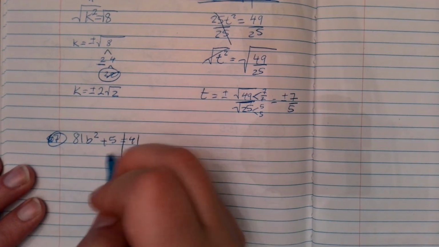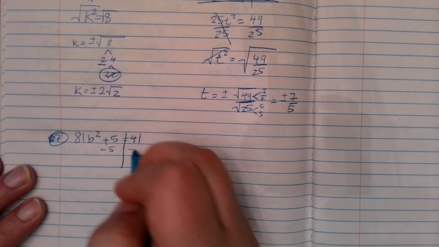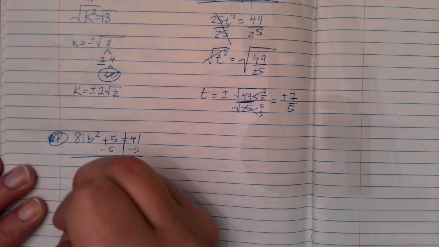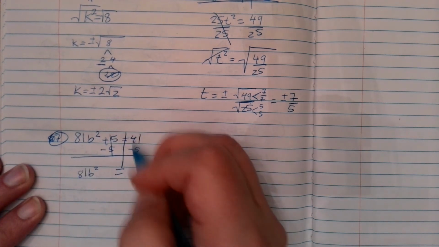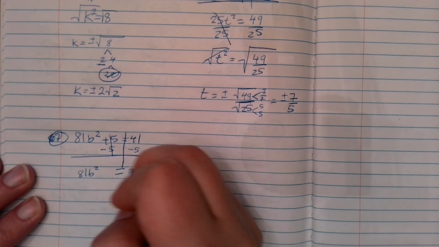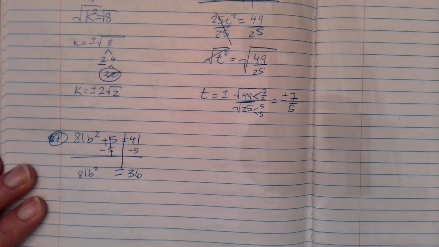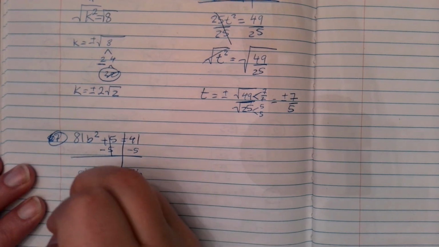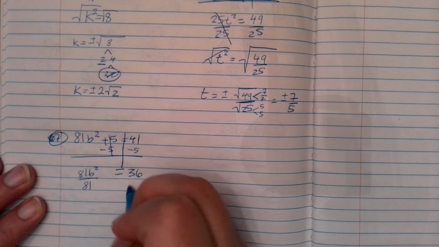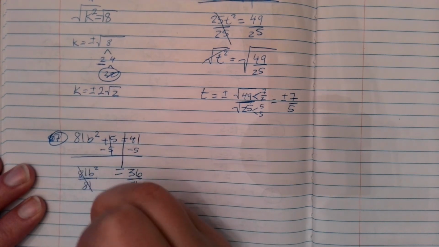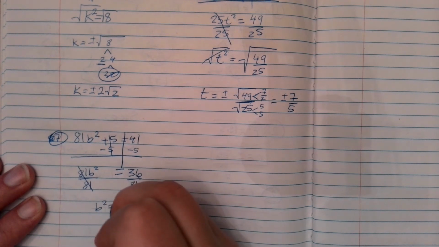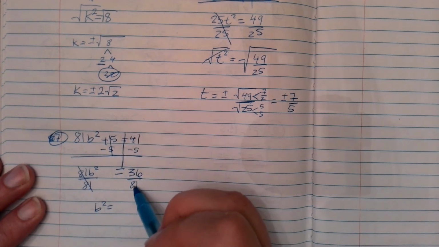I'm going to subtract the 5. 41 take away 5, 36. Divide by the 81. B squared is equal to 36 over 81.